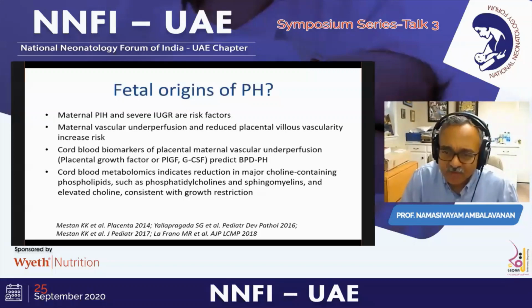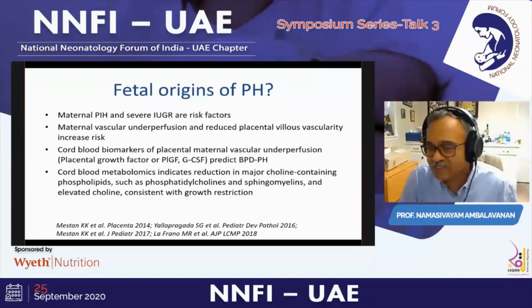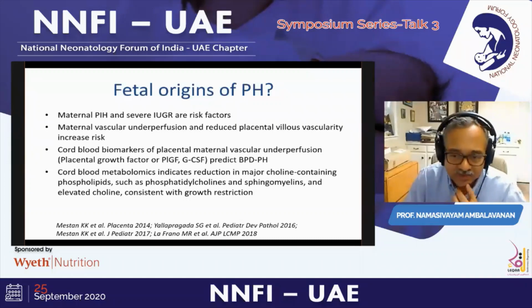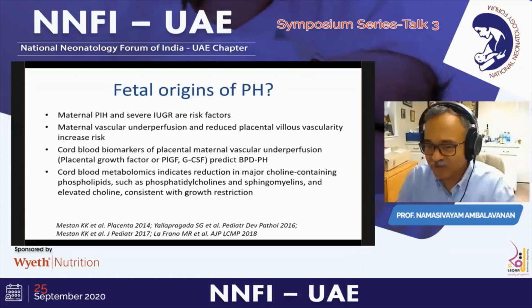There are multiple biomarkers in the cord blood which can indicate maternal vascular underperfusion, such as placental growth factor and GCSF, which predict pulmonary hypertension. People have done metabolomic studies too, which have shown that various metabolites are consistent with fetal growth restriction in the infants who later develop pulmonary hypertension. So you could pretty much predict which infants are at high risk of developing pulmonary hypertension even close to birth.